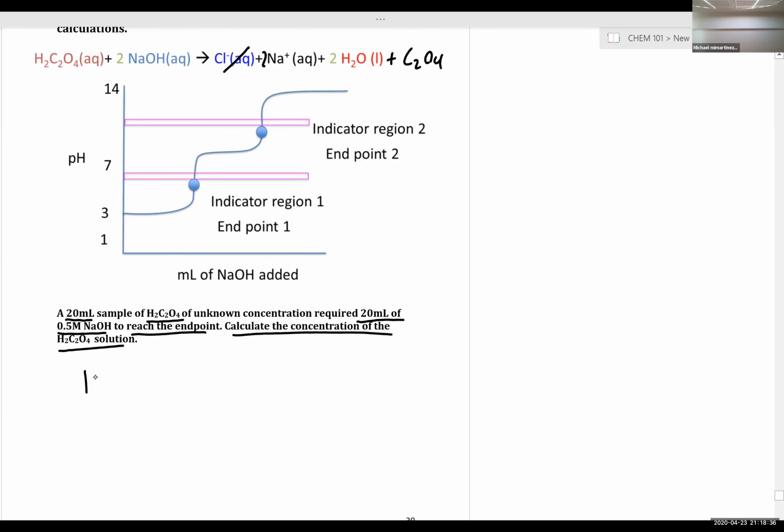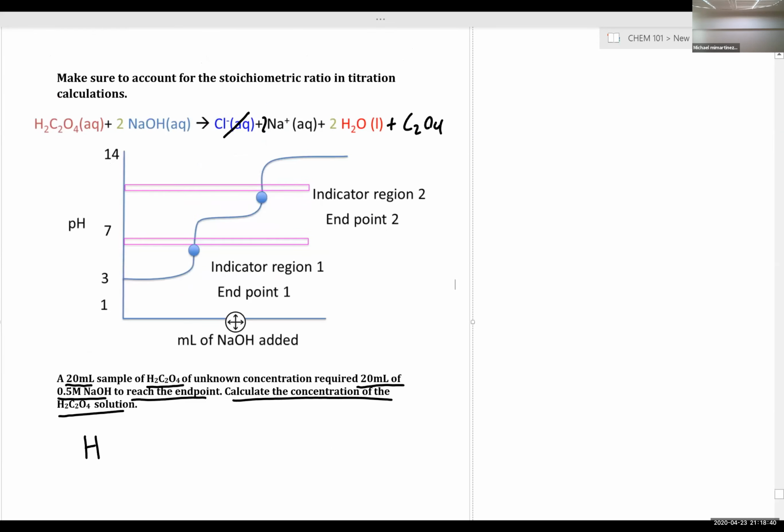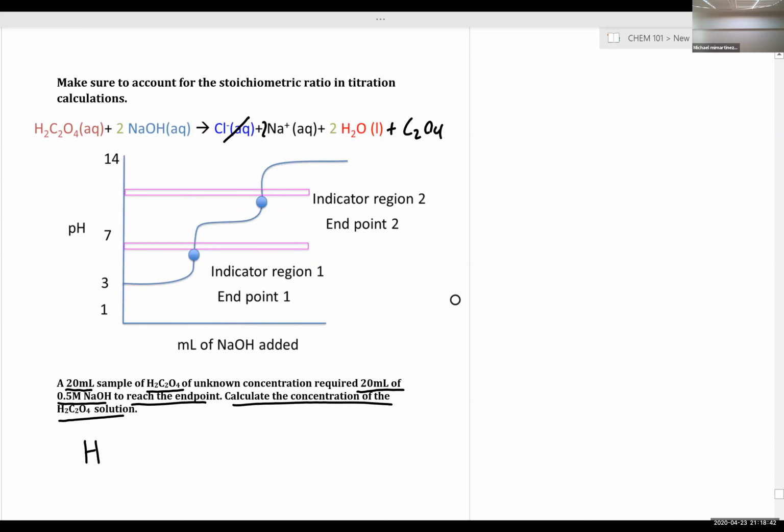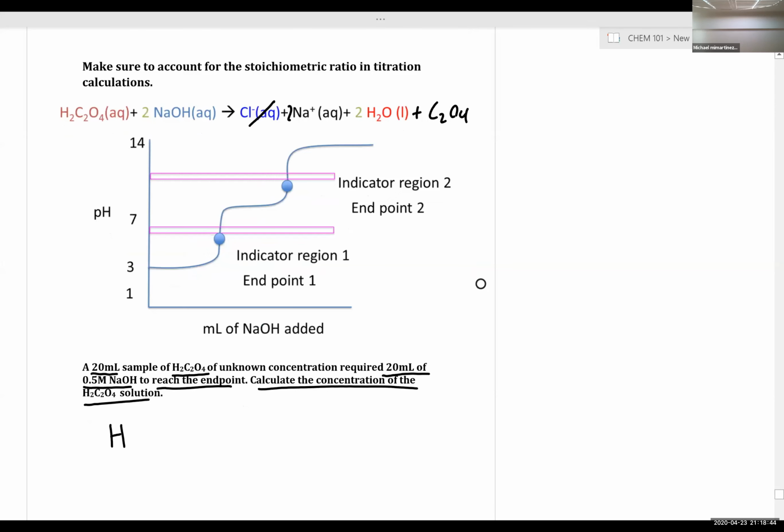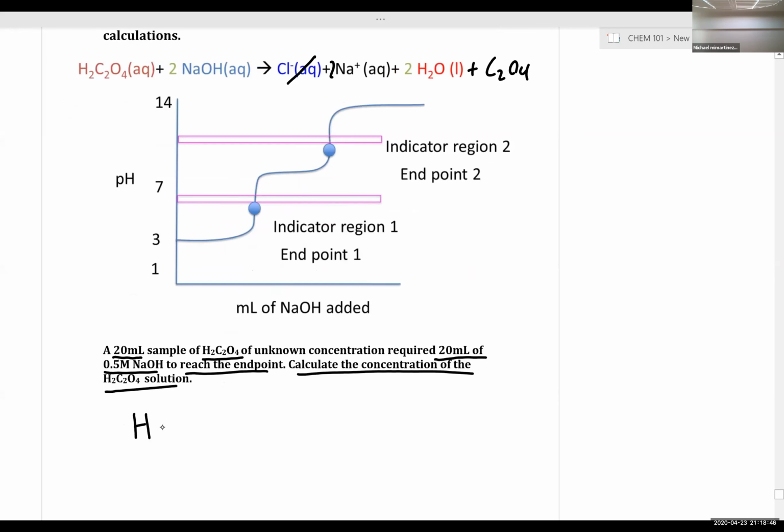Okay. Let's zoom in just a little bit. Okay, so we know at the equivalence point that the moles of oxalic acid are equal to the moles of sodium hydroxide.